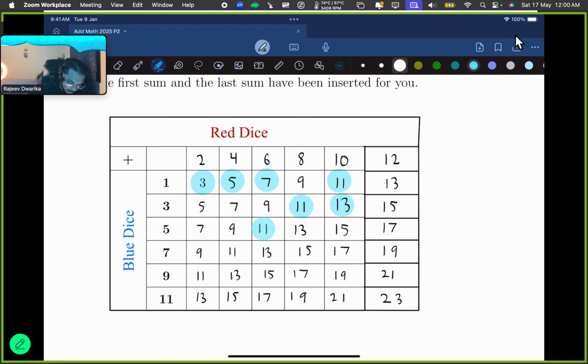11, 7. So we can just look at the diagonal, right? You can just look at the diagonal. 17, 2. And then 19, 23.